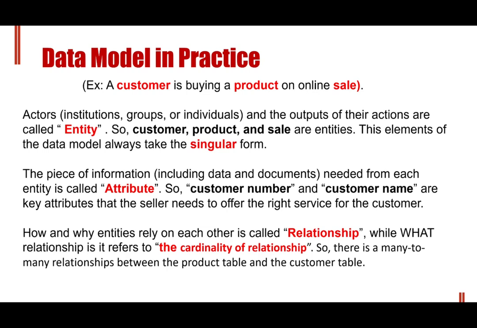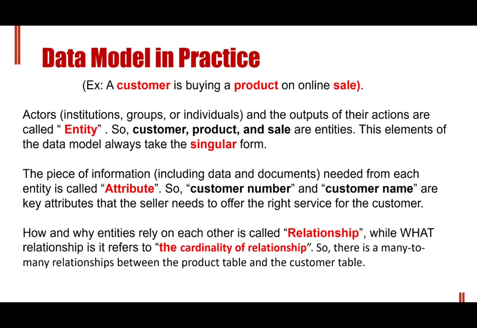This is the relationship cardinality. So the relationship is the data that moves between tables. The cardinality could be one-to-one, one-to-many, many-to-one, many-to-many. This is the cardinality of the relationship.